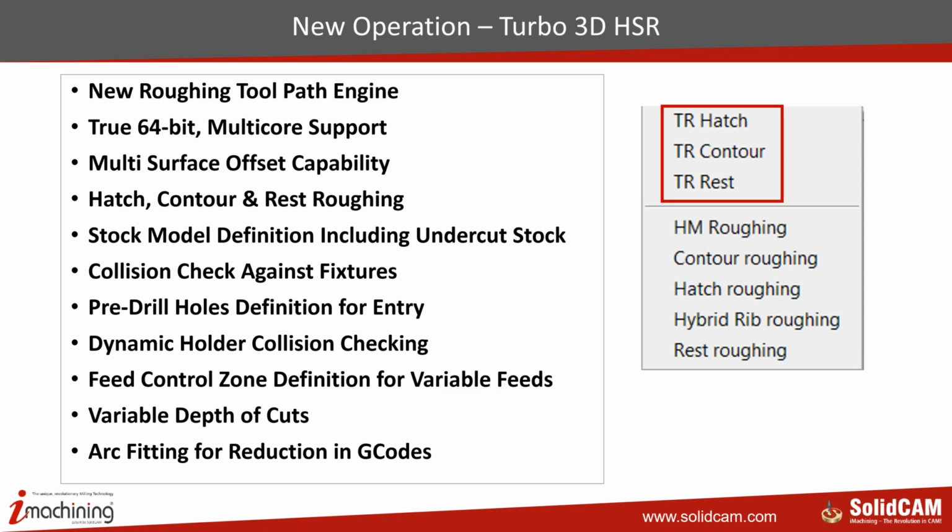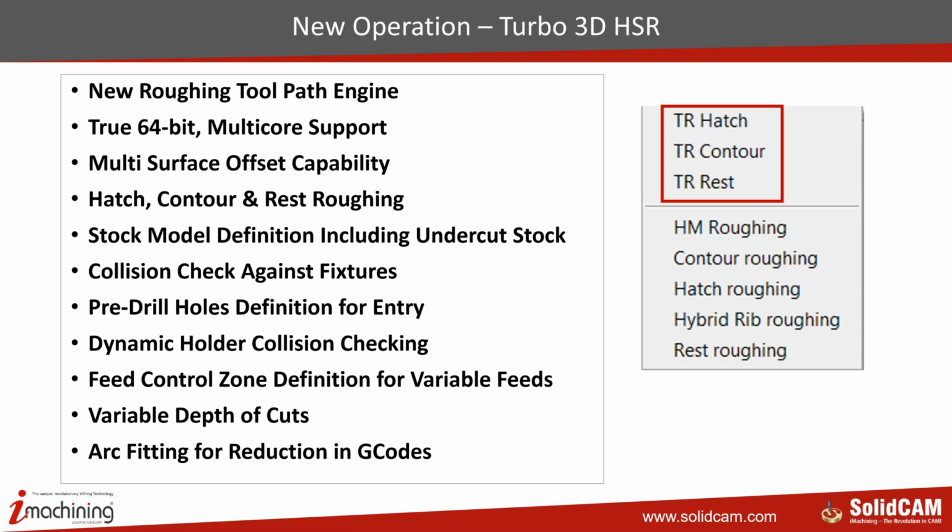You can also use a pre-drilled hole definition for entry of the tool. Suppose you are using a non-center cutting tool and you would like to do a pre-drilling operation and always plunge the tool inside the pre-drilled hole. That is now directly available. It also supports dynamic holder collision checking while generating the toolpath.